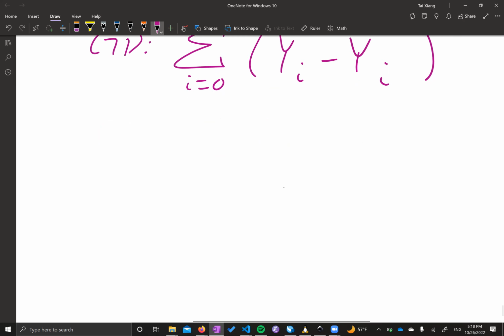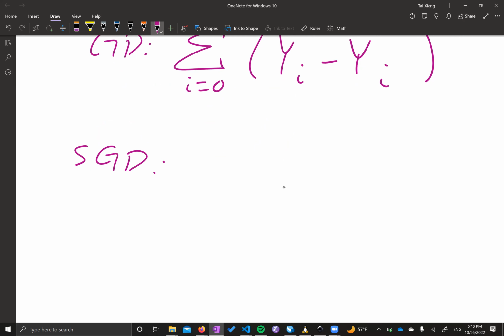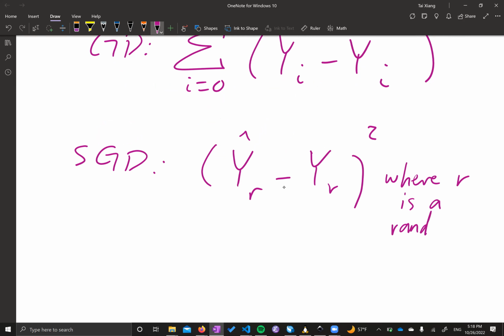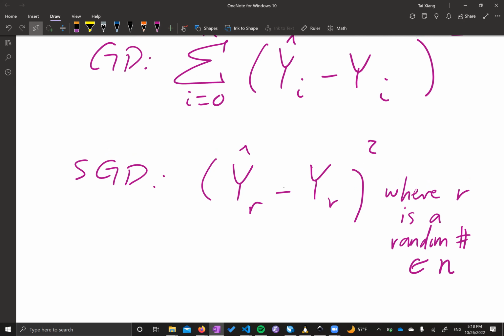With stochastic gradient descent, the bare bones version of it, we're just going to look at a single random point out of the data set.